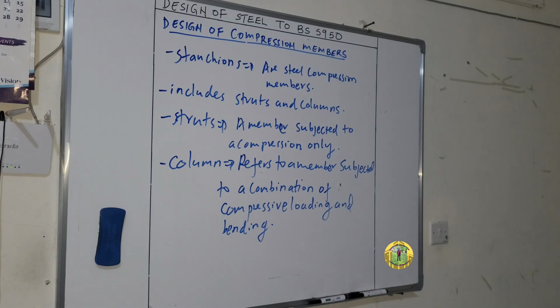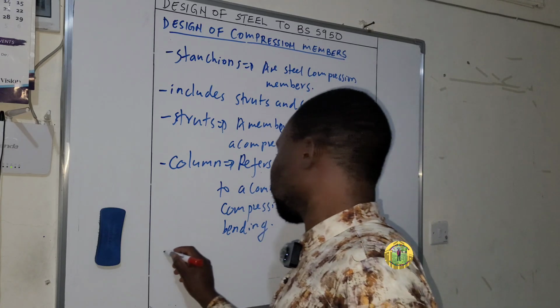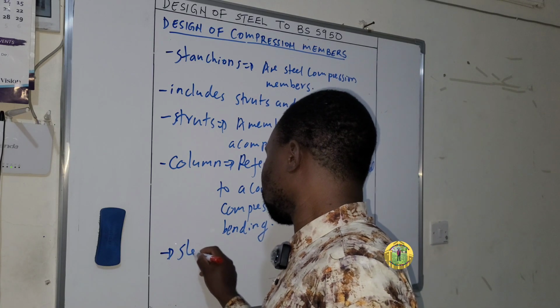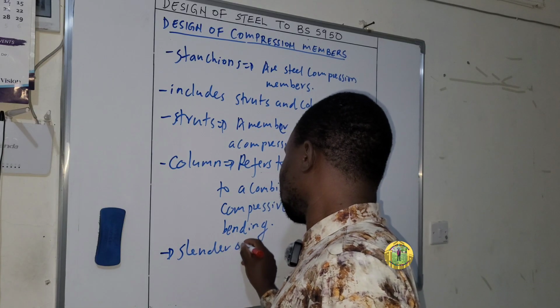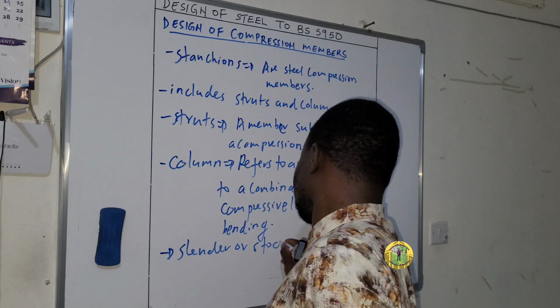Struts and column differ fundamentally in their behavior under axial load depending on whether they are slender or stocky. The column can be either slender or stocky.